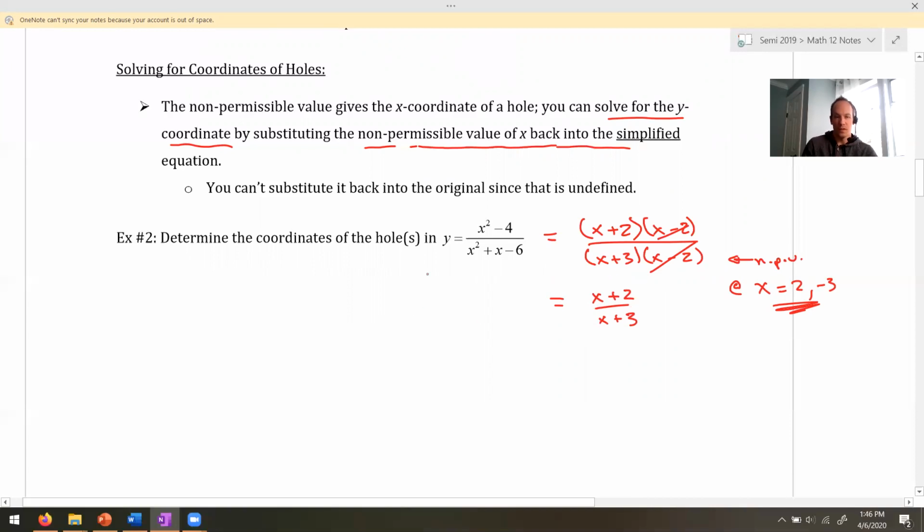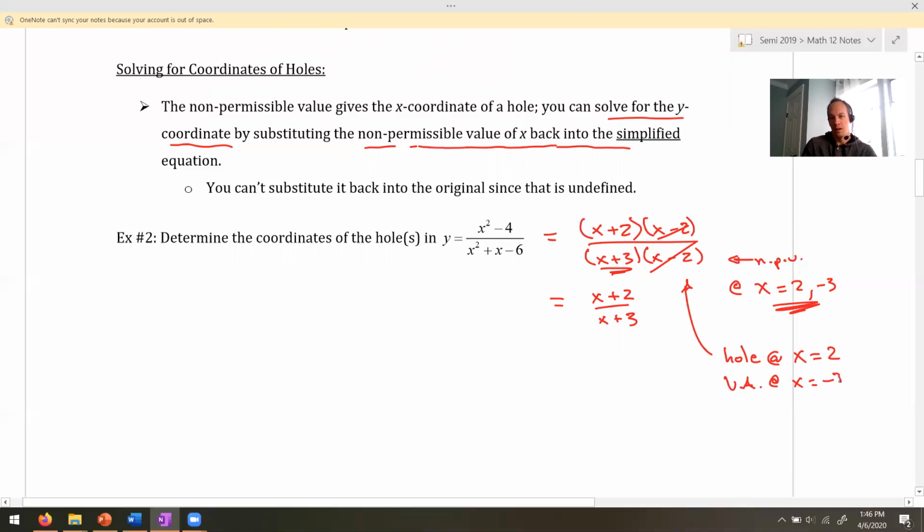So what we do is we would say, because we had a canceling effect, this tells us we have a hole at x is equal to 2. What are we going to have at x is equal to negative 3? The vertical asymptote. But we're interested in finding the holes.